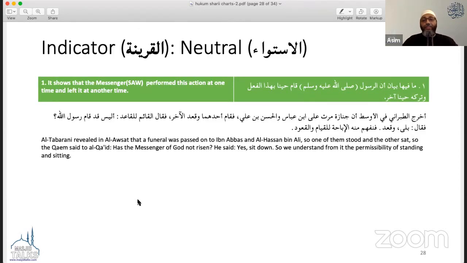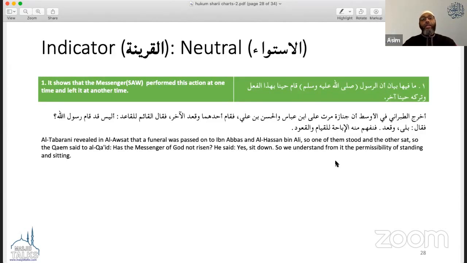He did not stand up. He said, yes, but he sat down also. So we understood from this the permissibility of standing and sitting. Meaning, Rasulullah sallallahu alaihi wasallam at a certain time when a funeral was passing, he stood up.